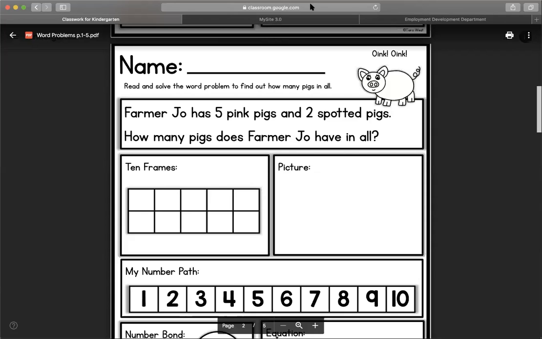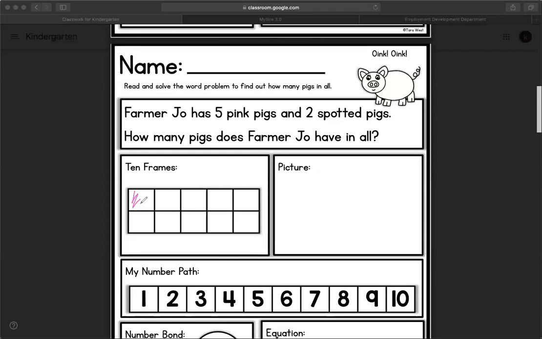Mud is brown, so maybe brown. I have 5 pink pigs.